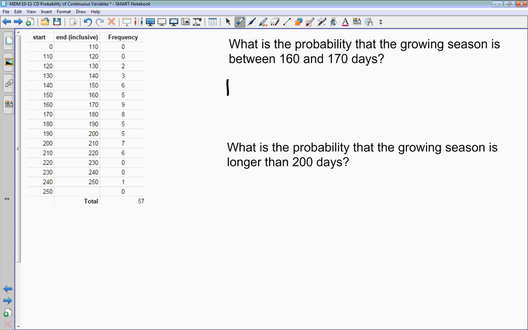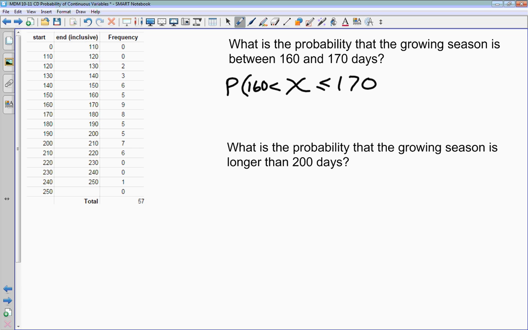So if we want the probability that our continuous variable x is between 170 and 160, and I've put the equal sign here with 170 because when I did this frequency distribution, I included the value 170 on the end of the range.